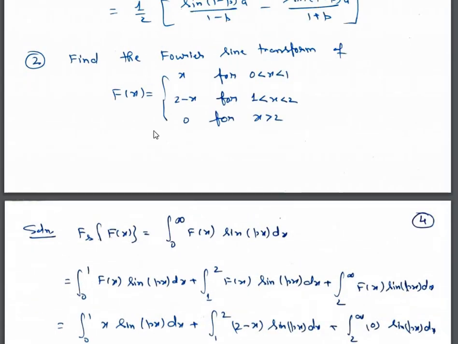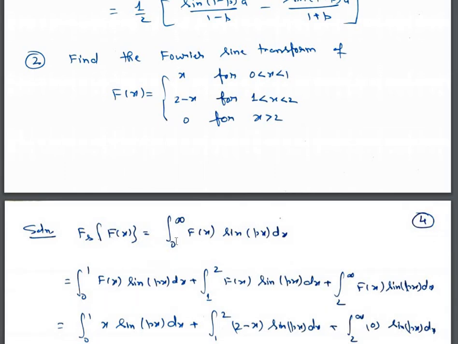Let's take the next example. Find the Fourier sine transform of f(x) is equal to x when x lies between 0 and 1, 2 minus x when x lies between 1 and 2, and 0 when x is greater than 2. So by definition, the Fourier sine transform of the function f(x) is given by integral 0 to infinity f(x) into sin px dx.